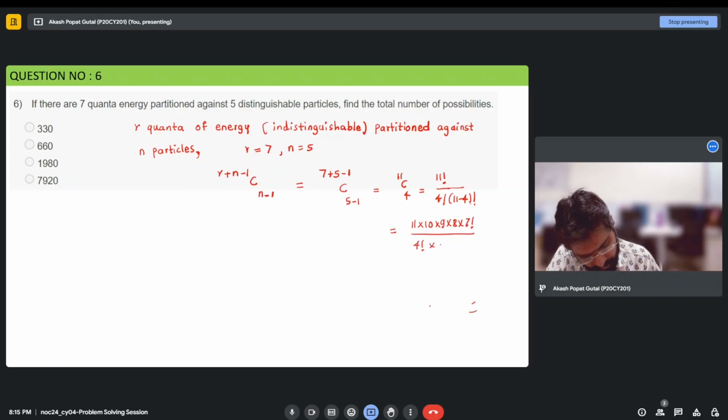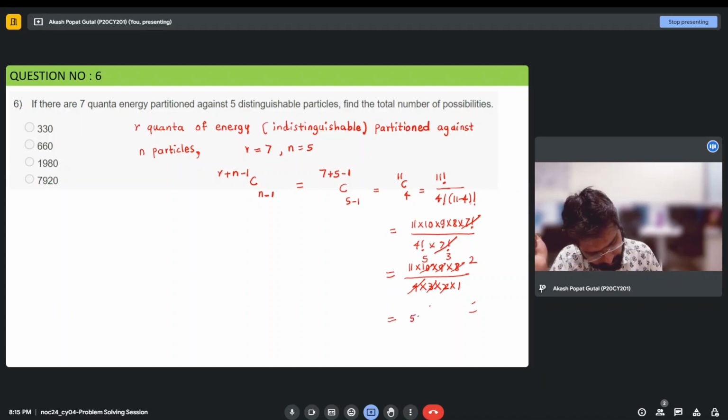Over 4 factorial and 7 factorial. 7 factorial gets cancelled, and we have 11 cross 10 cross 9 cross 8 over 4 cross 3 cross 2 cross 1, which is 4 8s are 32, 3 3s are 9, 5 is 10. 55 into 3 cross 2. 55 into 2 is 110.